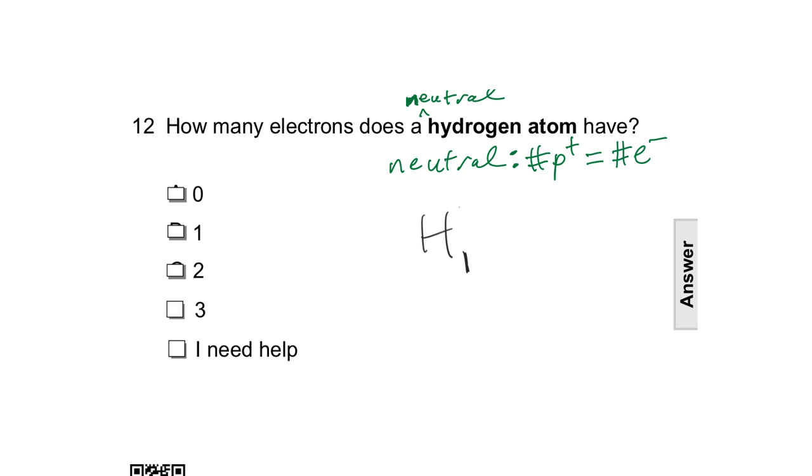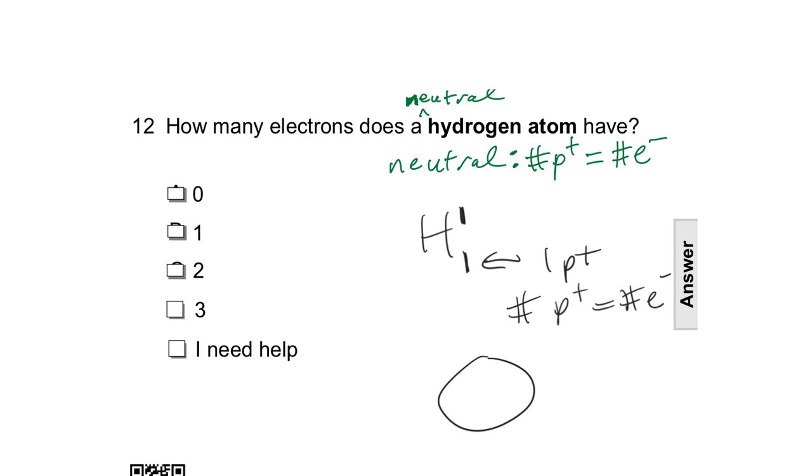I would give you this symbol for hydrogen. And you would just say, okay, that means the bottom number is 1, so that has one proton. If it's neutral, the proton number equals the electron number. So the hydrogen atom has one electron in its outermost shell.